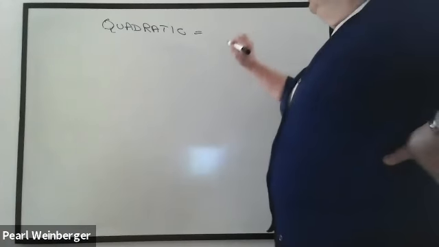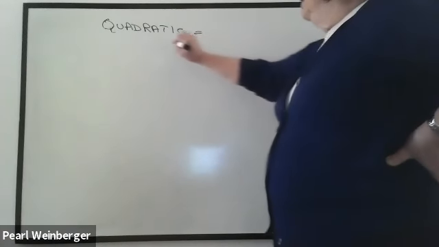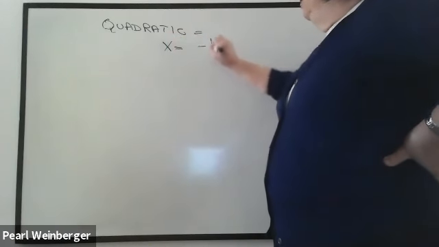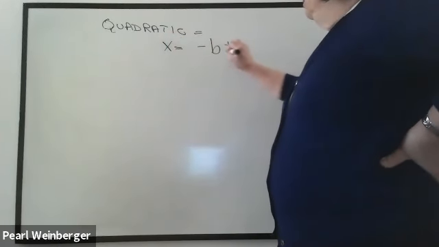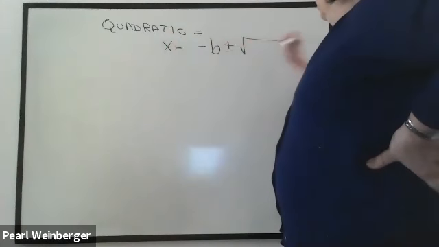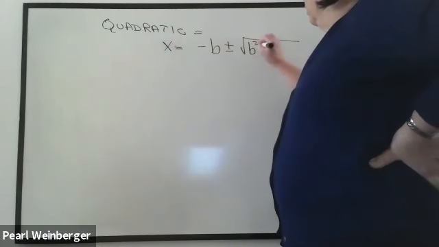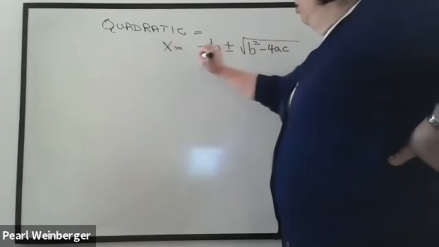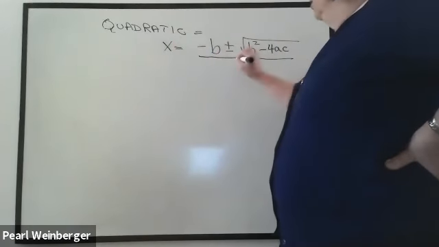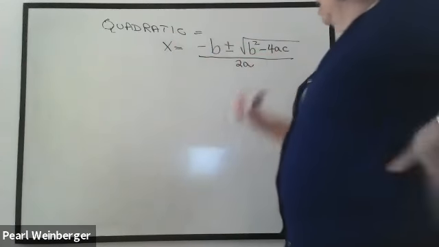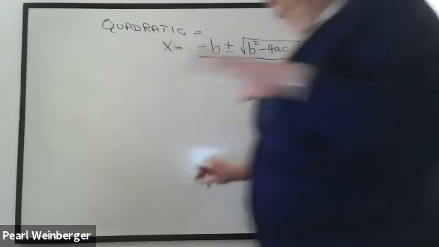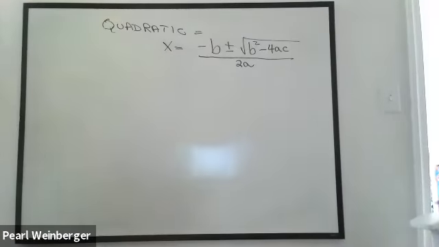The formula looks like this. I'm sure some of you have already seen it. It's x equals negative b plus or minus the square root of b squared minus 4ac, all over 2a. And I'm going to show you how this can be used.